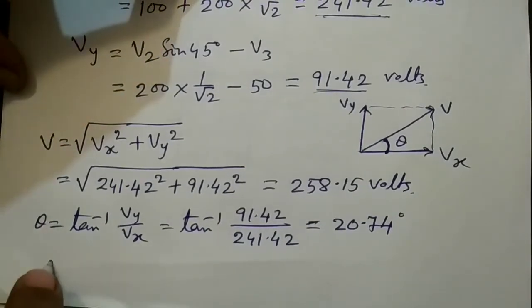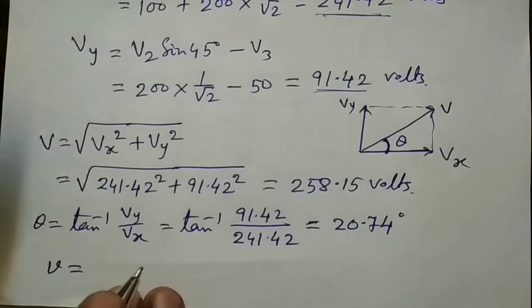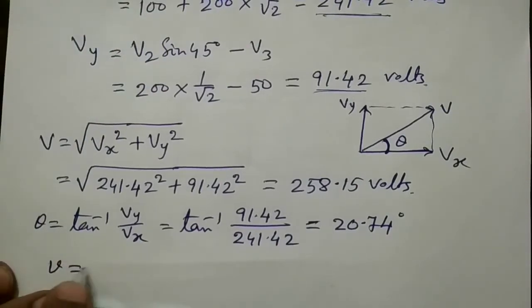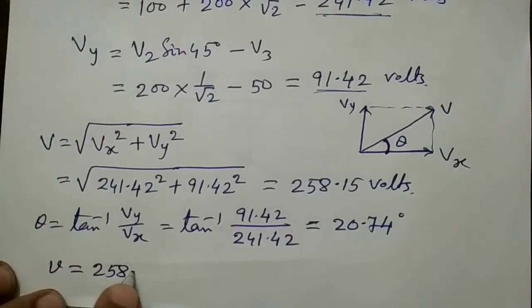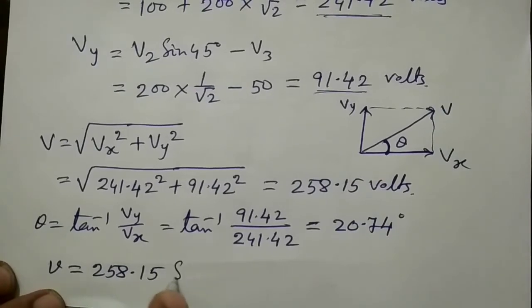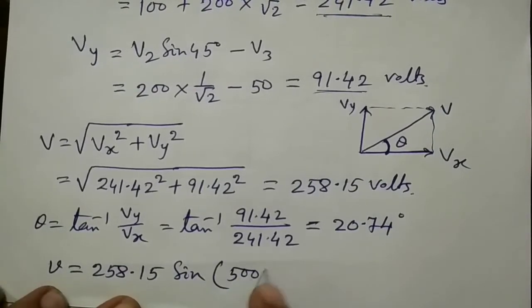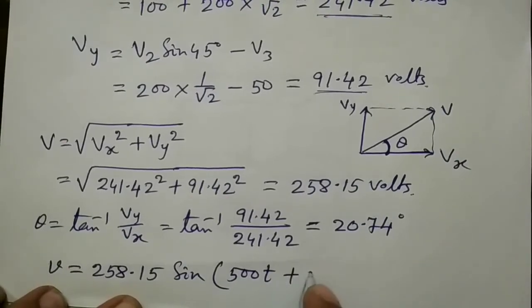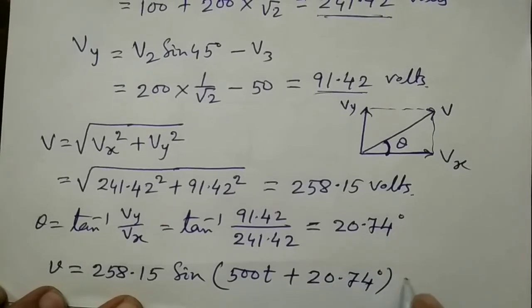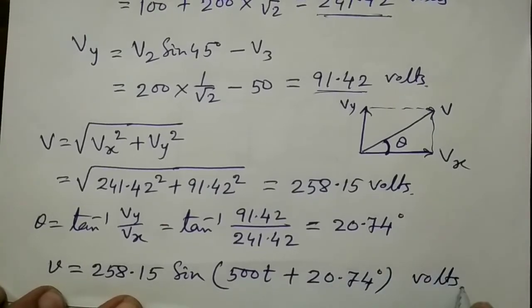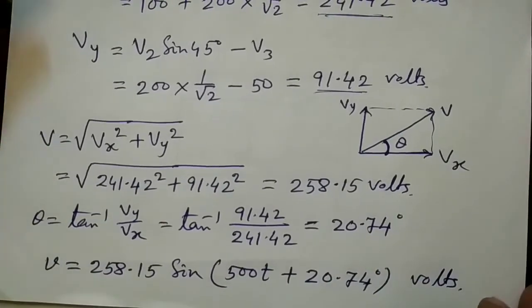So the resultant voltage will be 258.15 sin(500t plus 20.74 degree). This is the resultant voltage of the three voltages that are given in the question.